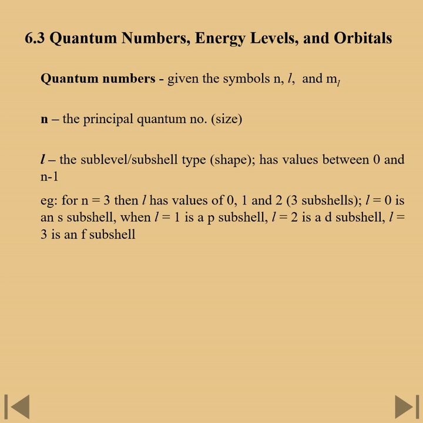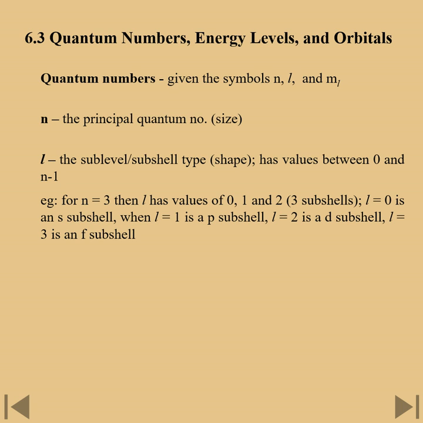Okay, now as an example, and back to that relationship between l and n, where l has values from 0 up to n minus 1. So for example, when n equals 3, then l, our angular quantum number, our subshell, can either have a value of 0, 1, or 2. So there are 3 subshells that can fit into the third principal shell.